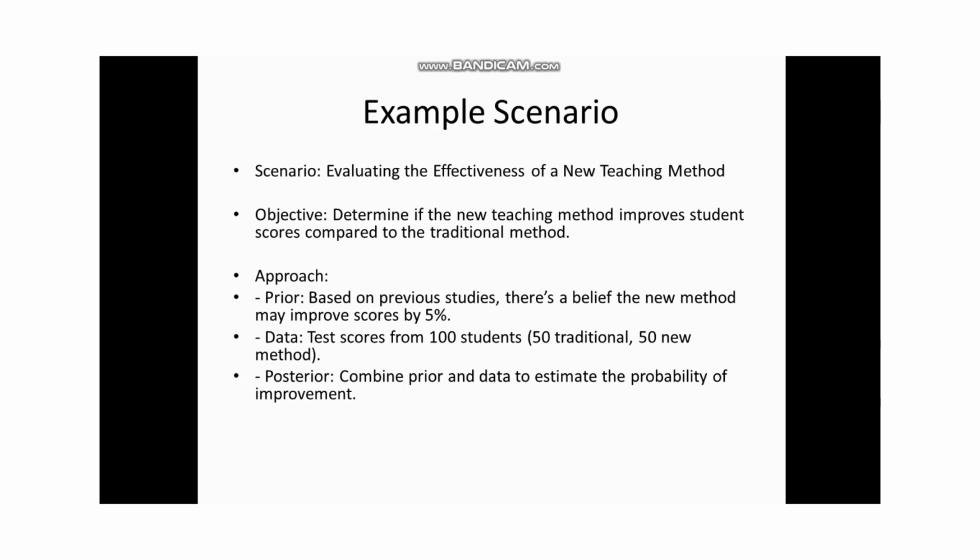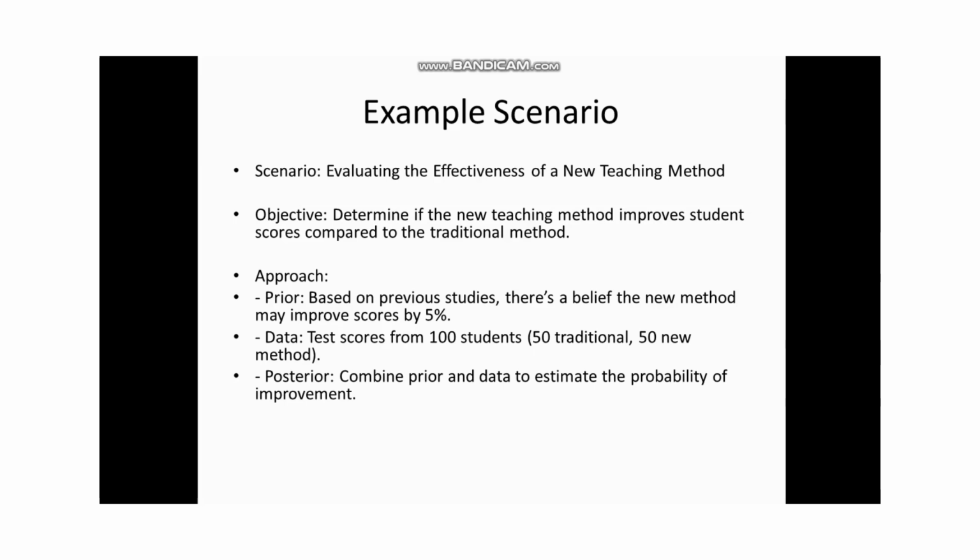The first one here is the prior. So these are the things, and this is how we're going to write our code in R. So for the prior, taking into account the scenario, it is based on previous studies. There is a belief that the new method may improve scores by 50%. So this is a prior knowledge.